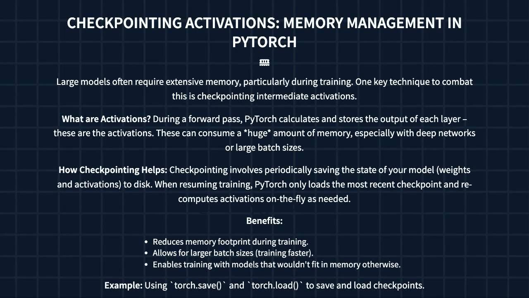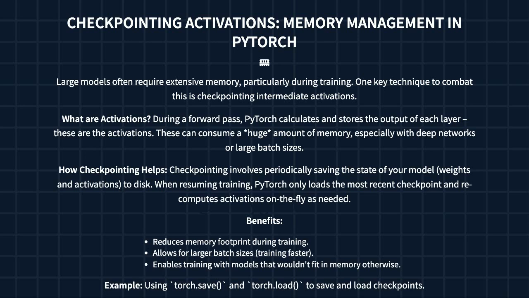Okay, so when you're training really big PyTorch models, the memory usage can quickly become a bottleneck. Think of all those intermediate calculations, activations, that happen as data flows through your network. They take up a lot of space. Checkpointing is a brilliant way to manage this.